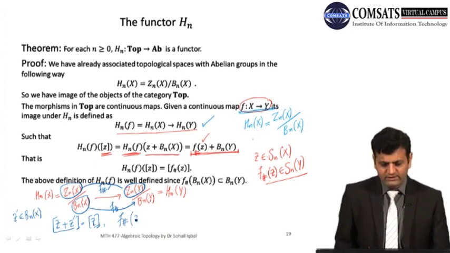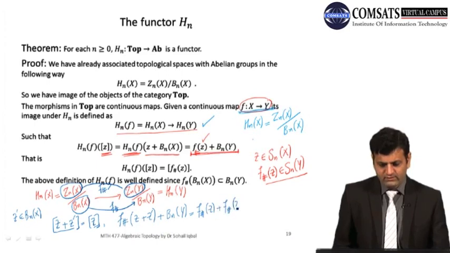If I calculate f of z plus z prime plus Bn(Y), this is equal to f hash of z plus f hash of z prime plus Bn(Y).